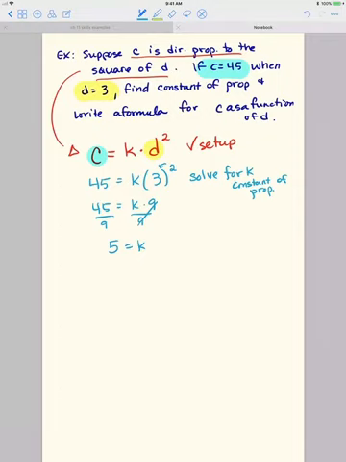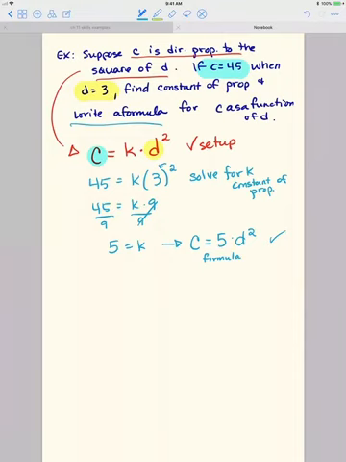So now we can use that to go back to our directly proportional relationship equation, and we get that c equals 5 times d squared. So if the question had you find the formula, which is what we found, that's our formula that shows our relationship.